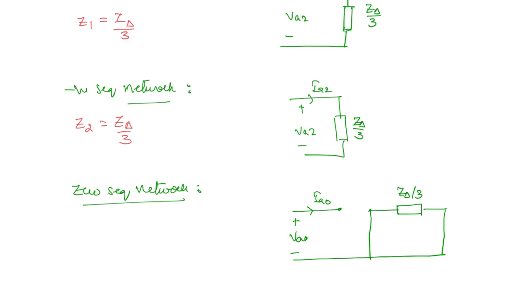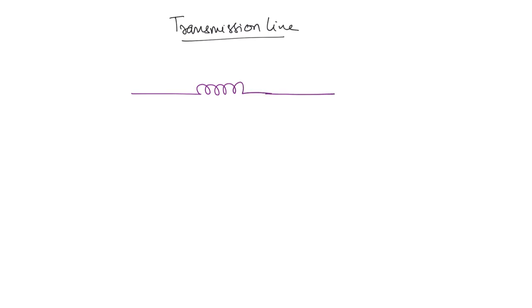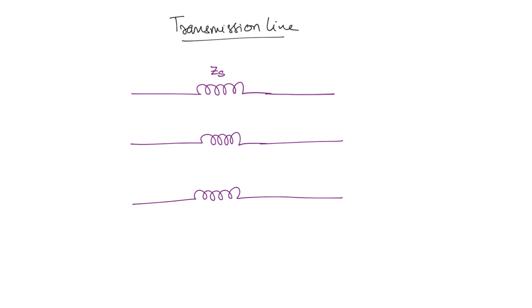Next we will see the sequence network of a symmetrical transmission line. For a 3-phase system there will be 3 transmission lines. Each of them, let us say, has an impedance ZS, using the subscript S to mean that it is a self impedance.